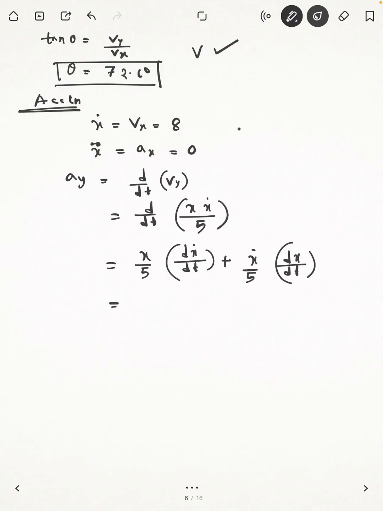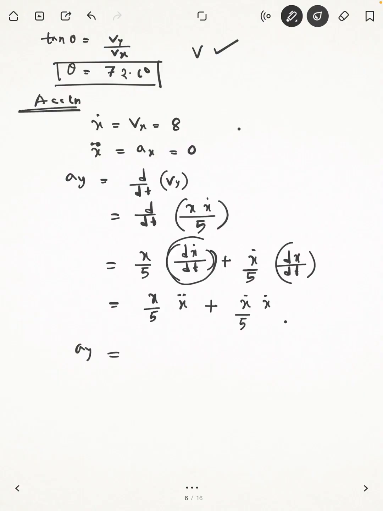Time derivative of velocity will be acceleration, x double dot, plus x by 5 times, and this is also x dot, the time derivative of position, that is the velocity in the x direction. So from here we have to find the ay. So what is the x value?